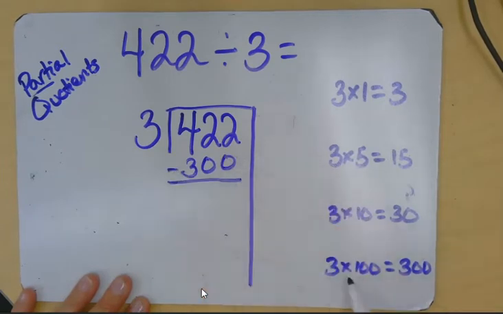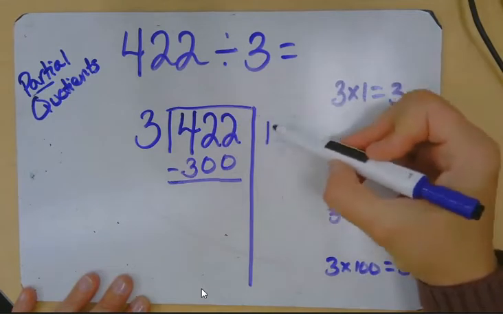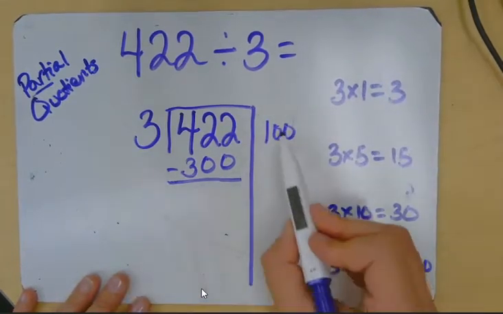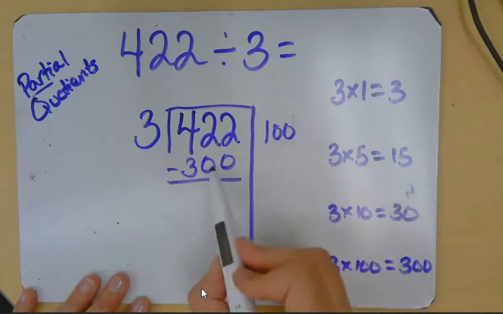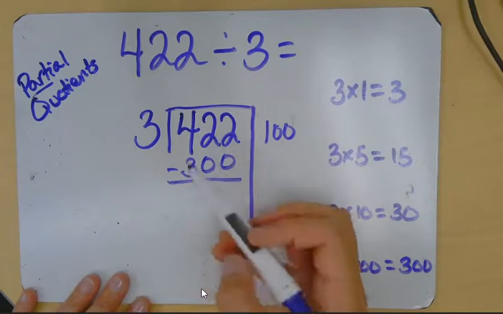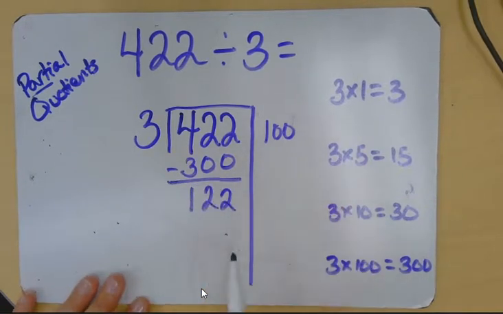There's my 3, here's my 100. So 3 times 100 equals 300. I'm going to now take that 300 away from 422, and I can easily do that in my head. And I notice that I have 122 remaining.